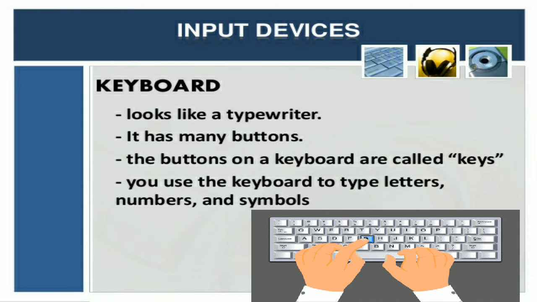Here we find so many buttons, and these buttons are called keys. You use the keyboard to type letters, numbers and symbols. Here we find so many numbers, then alphabet, then symbols and other keys: space key, enter key, caps lock key, and then backspace key.